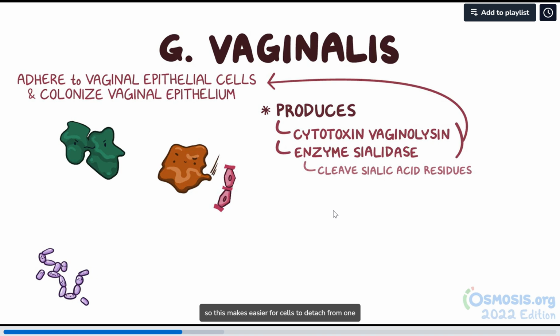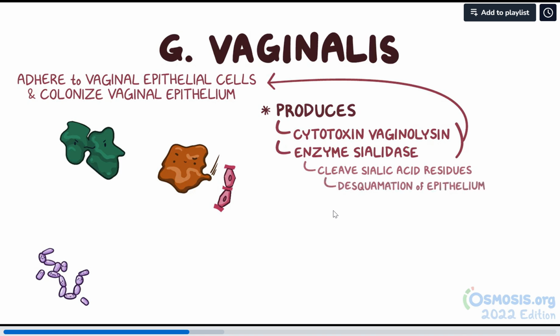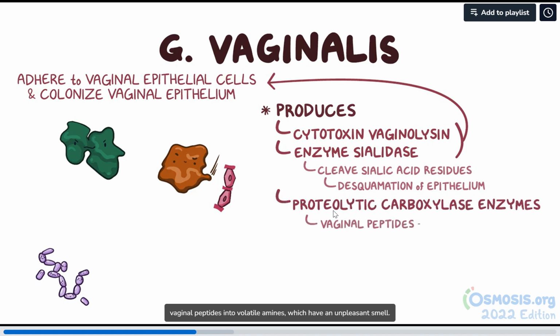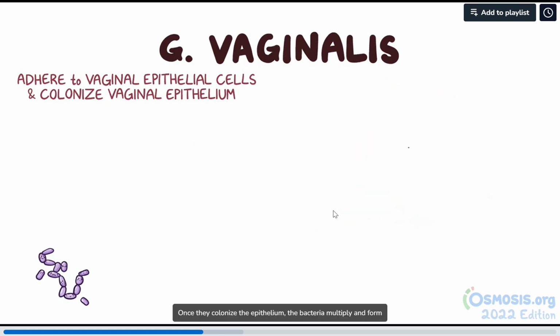So this makes it easier for cells to detach from one another, causing desquamation of the epithelium. Then, G. vaginalis produces proteolytic carboxylase enzymes, which will break down vaginal peptides into volatile amines, which have an unpleasant smell. Once they colonize the epithelium, the bacteria multiply and form a bacterial biofilm.